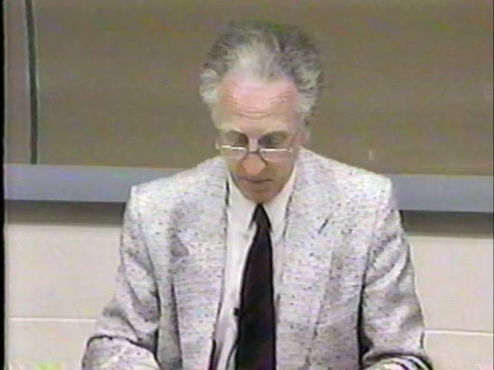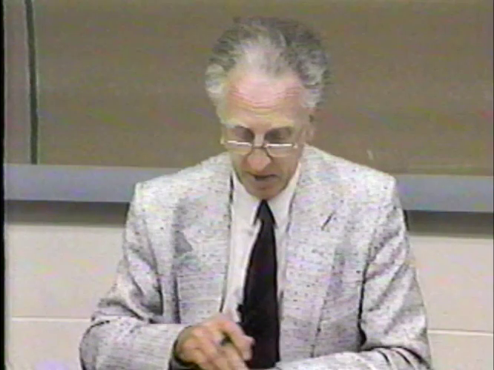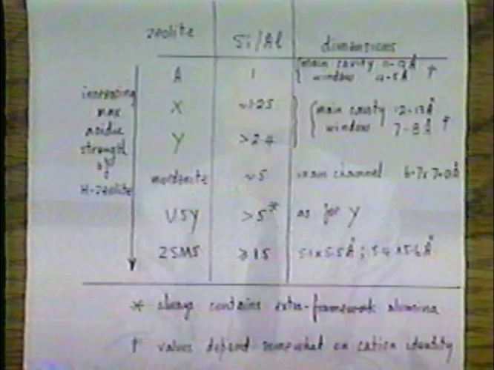Once again, although it's not totally apparent from the diagram, what you have here is a structure in which an internal void is accessible through a window. There's that window here, which is much larger than in the A zeolite. In fact, that diameter window on a van der Waals basis is about 7 angstroms. The void that you enter, the hole inside that structure, is again about 13 angstroms across.